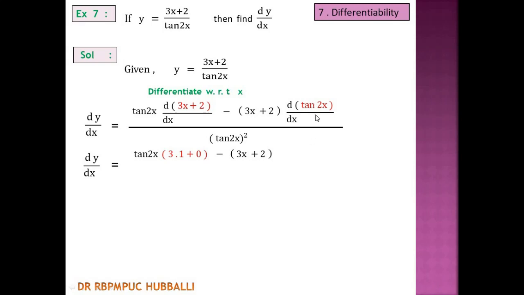So this is a composite function. And the derivative of a composite, tan composite, you know how to write. First the derivative for tan is written, that is secant square, and 2x as it is, and after that the 2x derivative, composite rule, whole divided by tan 2x whole square, it is written as tan square 2x.